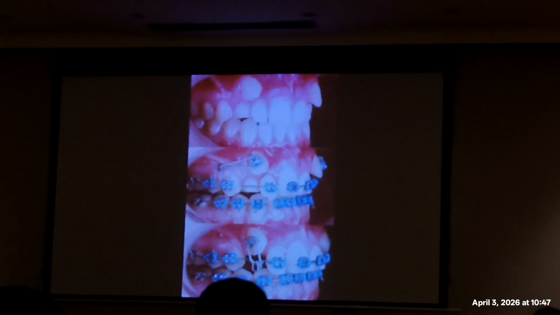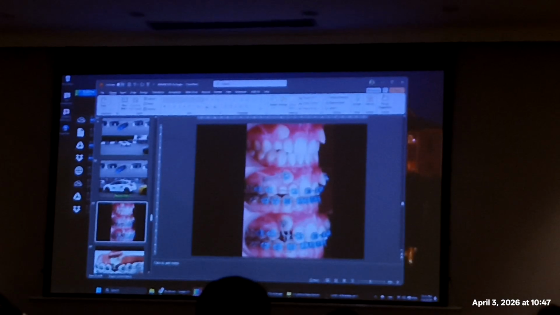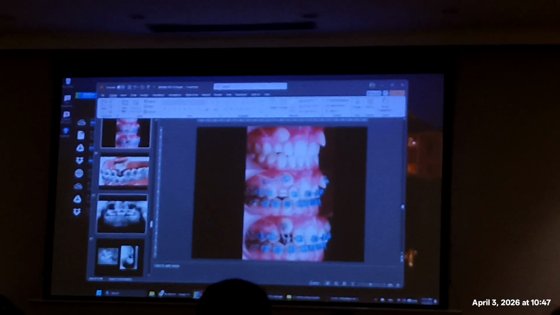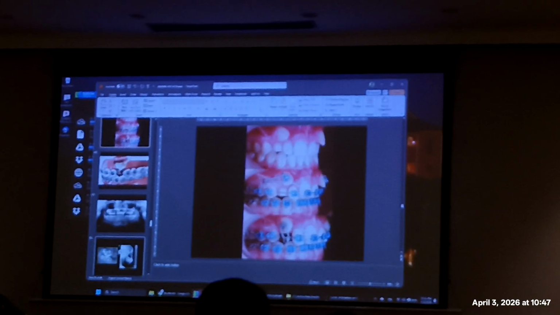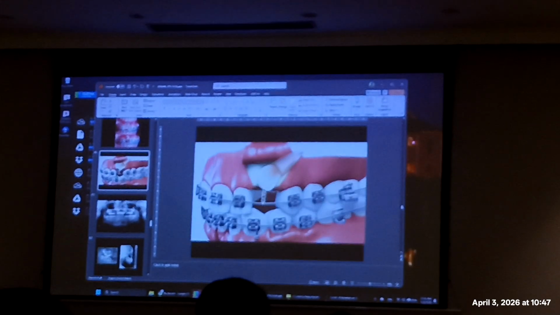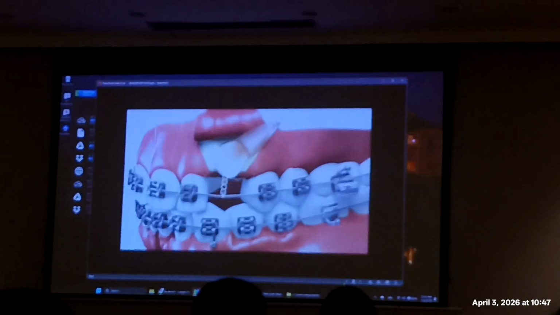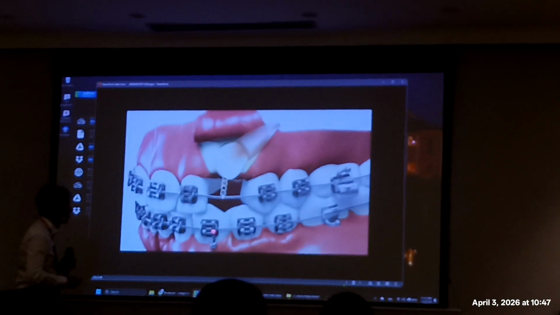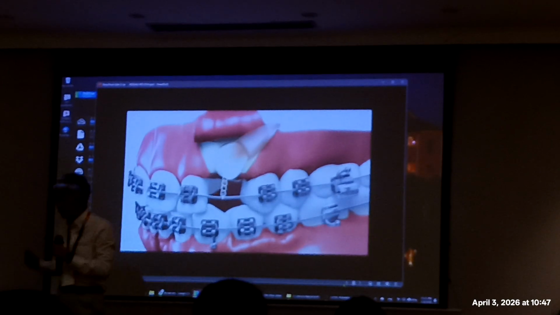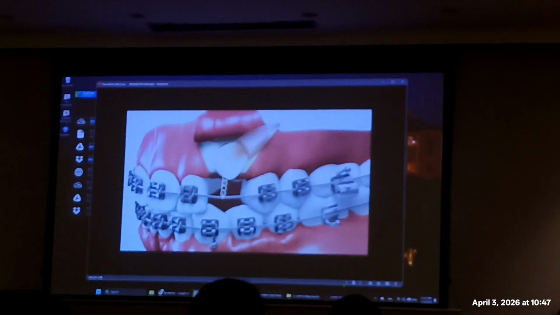So let's take a look at the case that I showed you at the beginning. It's a surgical open case. I stole it from the internet. I don't know who the owner of this picture is, but I just stole it from the internet.